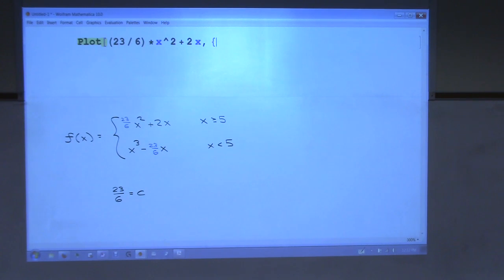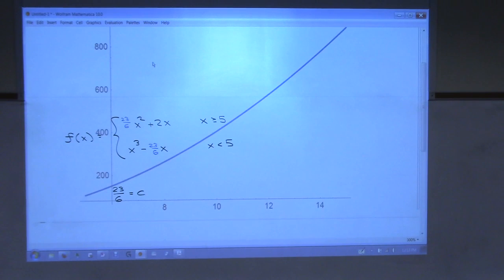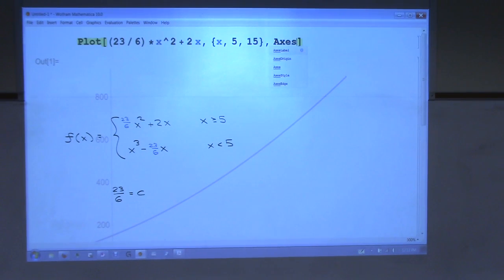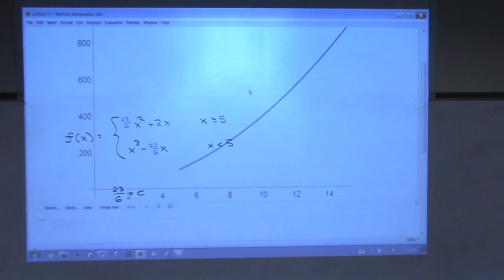And I'm going to plot that just if x was bigger than 5, right? So I'm only going to go from 5 to, let's say, 15. A couple of other things I need to throw in here. This is origin. All right, there it is. Do y'all see it?